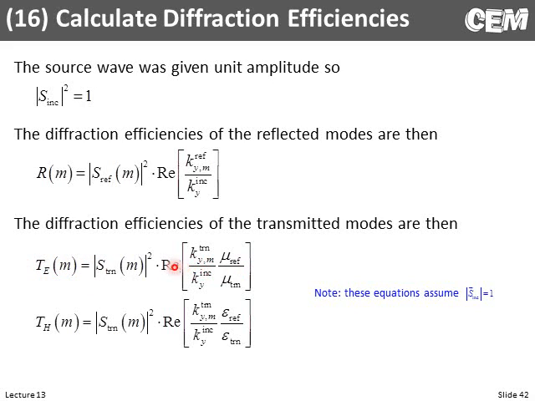Now we use this equation if we solved our matrix equation for electric field quantities. If we didn't, if we solved them for magnetic field quantities, this is the equation we have to use. It's the same equation except epsilons instead of mu's. And also remember, we assumed that S int equals 1 in these equations. It's absolutely possible to deviate from that if you wish, but then we have to plug S int squared down here so that the math works out.